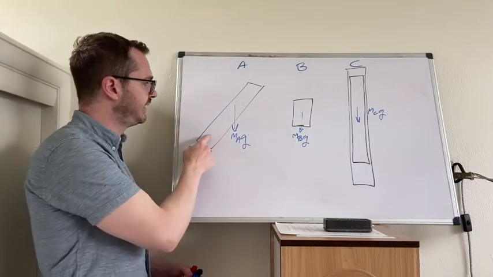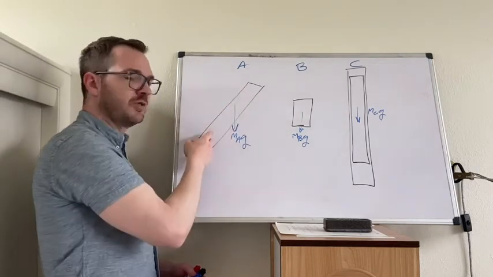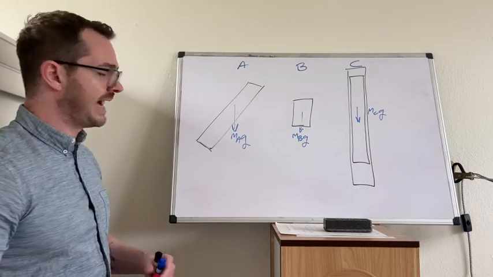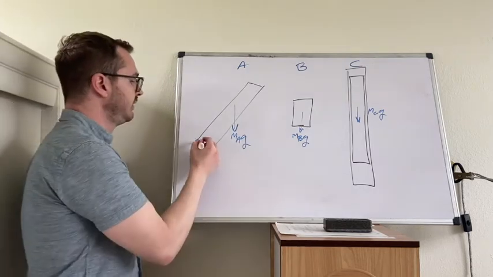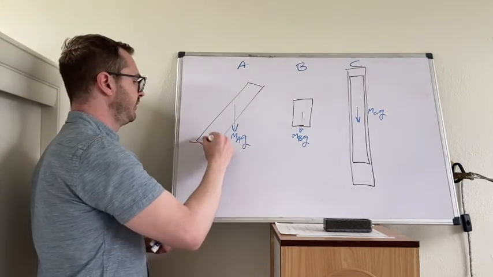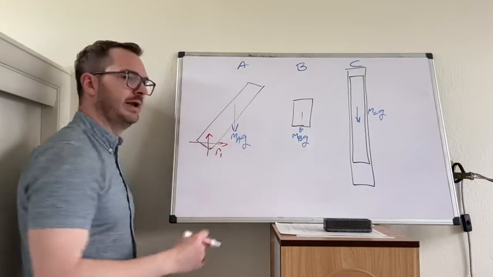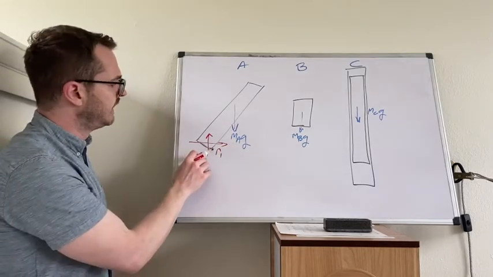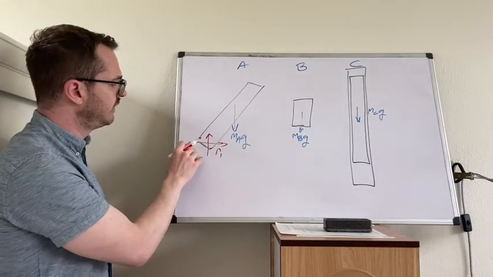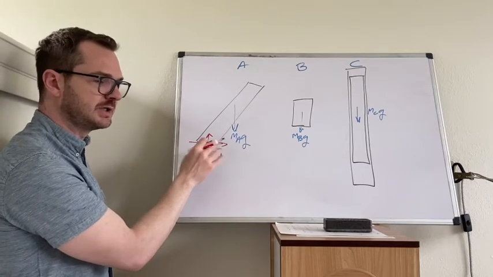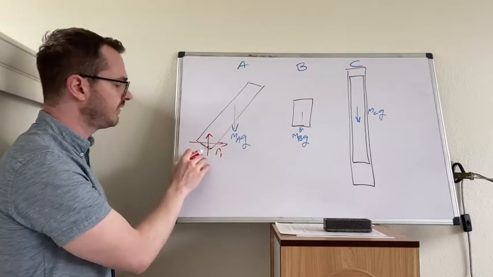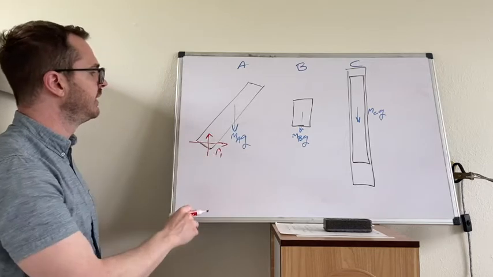Next let's deal with the pin joints. There's going to be reactions at these pin joints. I'm going to put R1 right here on this first one in the bottom left. Now, R1 is actually broken into two components. There's R1 in the X and R1 in the Y. We'll get to that in a bit.